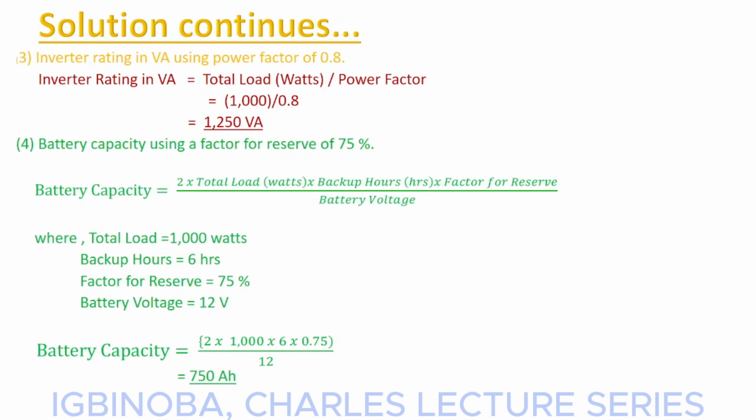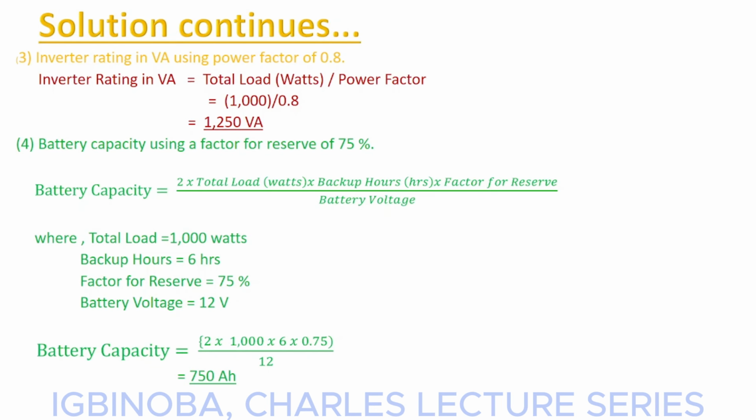Depending on the figure you want to use, they are usually between 70% to 80%. So depending on the value you want to use, you can use that as your factor of reserve in order to sustain your battery life.